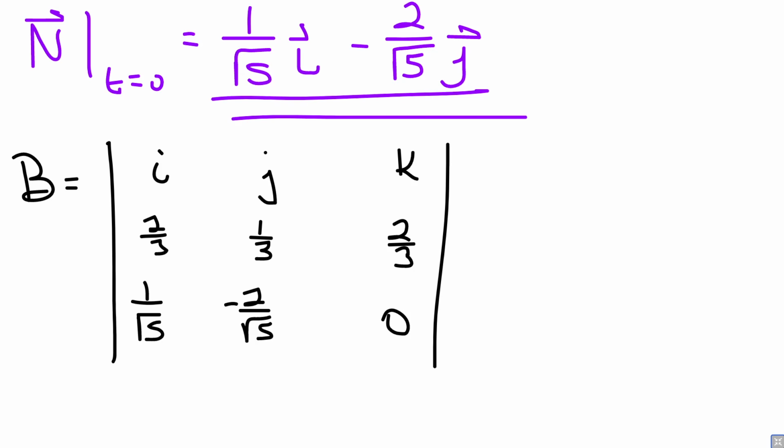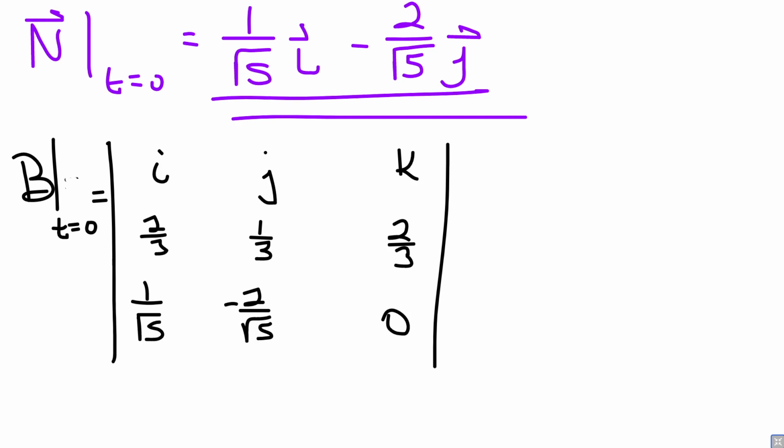Keep in mind that by doing it this way, we're finding the binormal when t is equal to 0. So we're not actually looking for a vector function per se for the binormal. We just want to find what that binormal vector actually is.